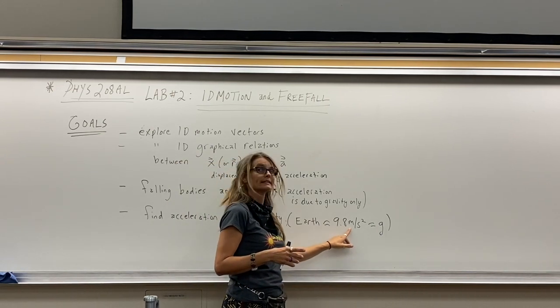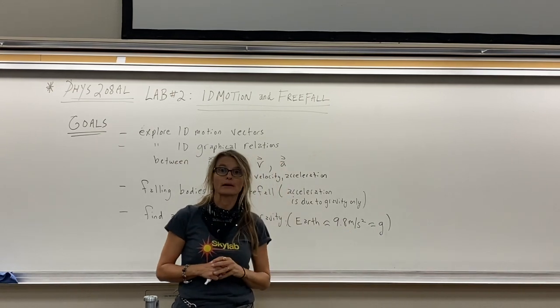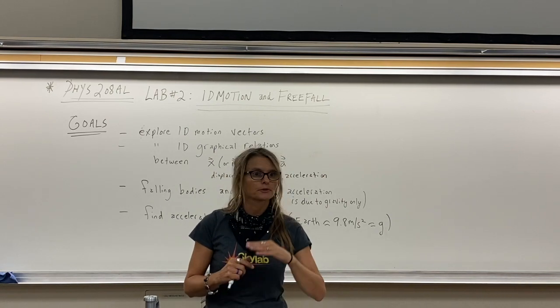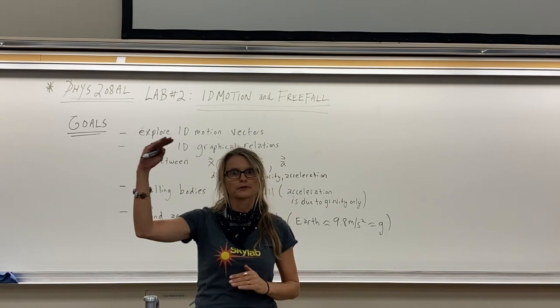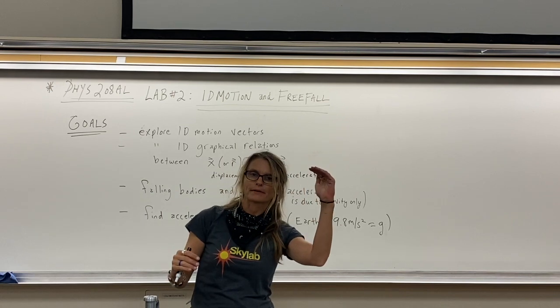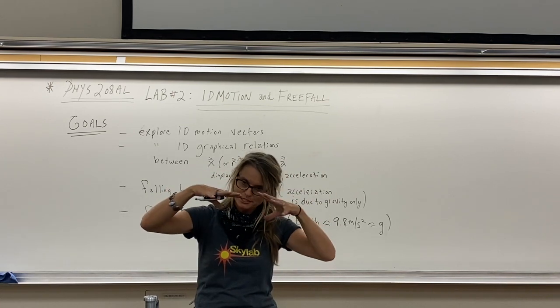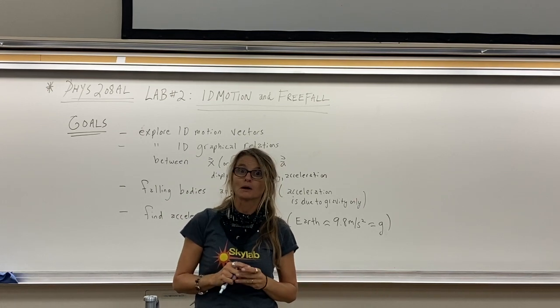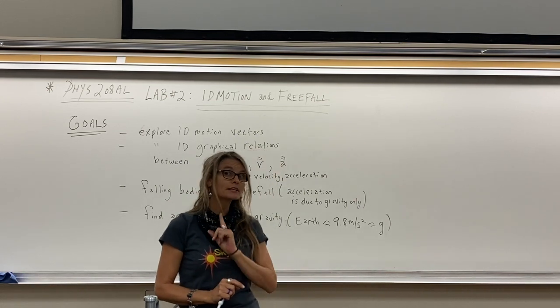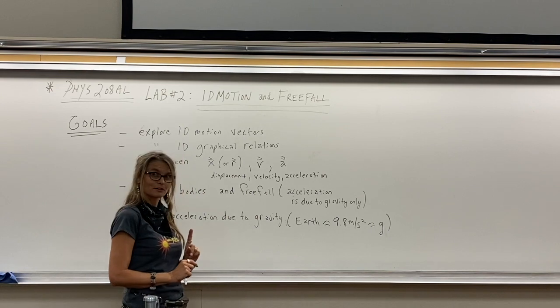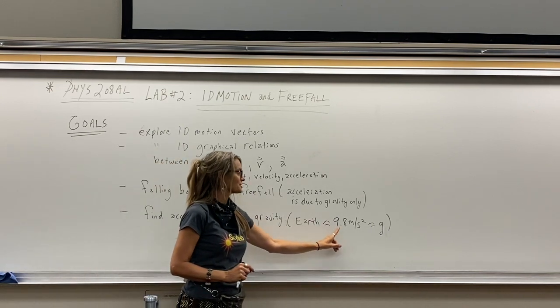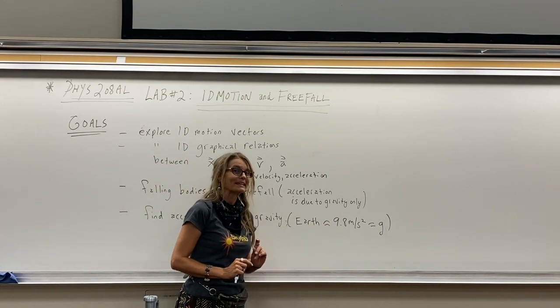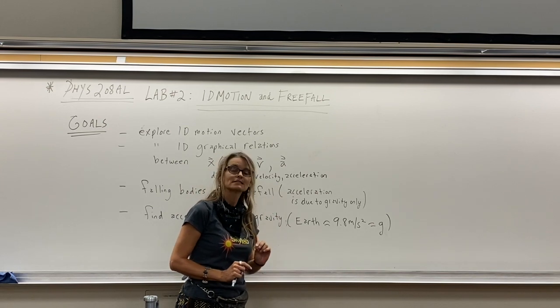Some people like to go to the next decimal place and say 9.81, but it really depends on whether you're at sea level, whether you're in Hawaii, whether you're on the top of Mount Everest, and how much mass, the density also of that mass below you, that plays a factor. So it's a very tricky value to map across our globe, so we use approximations unless otherwise we need a more specific, precise value.